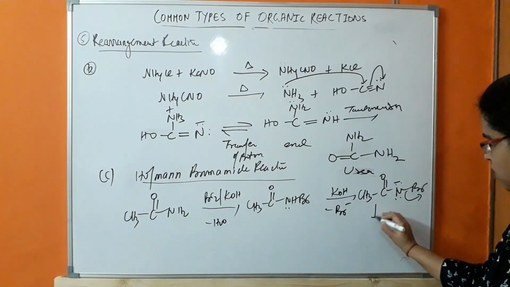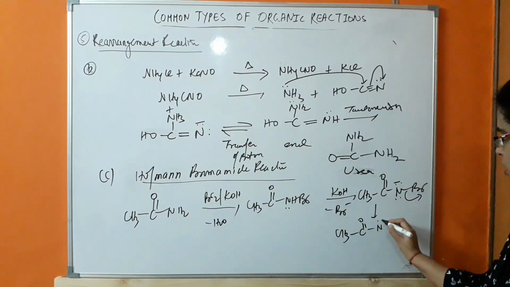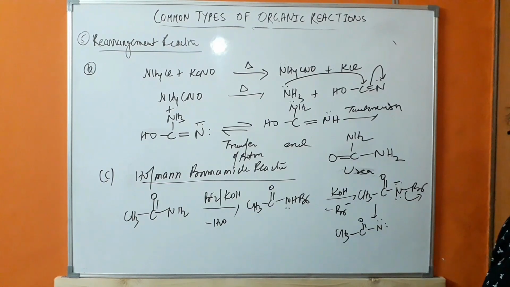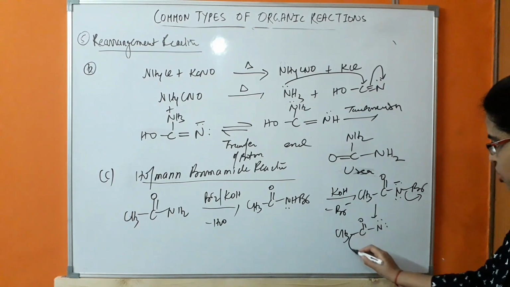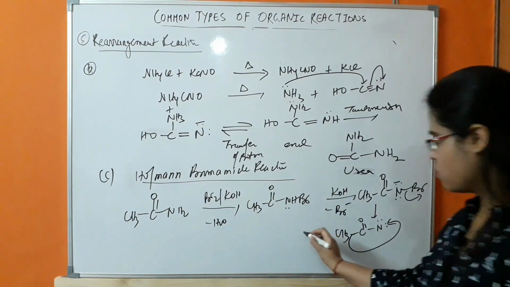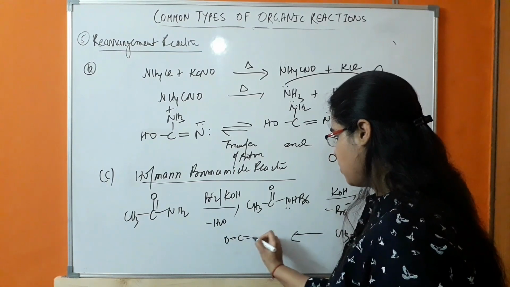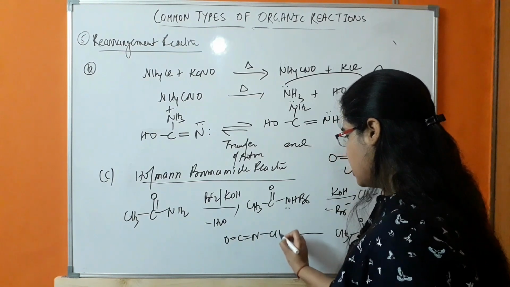Okay, so the next product which will be obtained has nitrogen with two lone pairs. Now a rearrangement takes place. This methyl will be shifted to this nitrogen. So what will be the formation? O double bond C double bond N CH3.